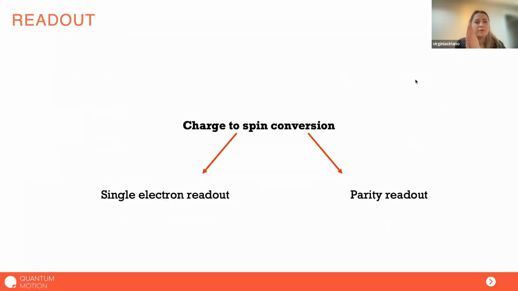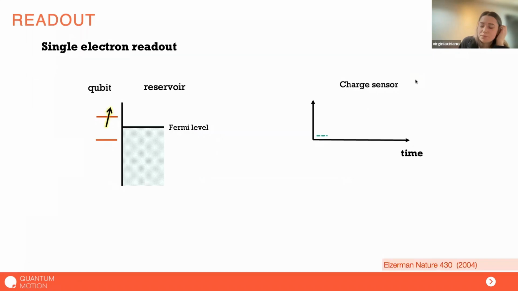Okay, so far we have charge to spin conversion, single qubit gates, and 2 qubit gates, and we're just missing how to read our dot. We can read it in 2 different ways, either using one dot or using 2. Okay, so I will start with the first one.